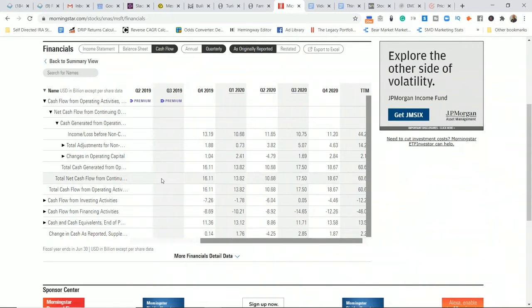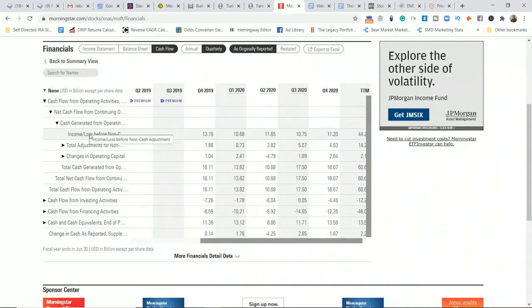net cash flow from continuing, I think it's operating activities, indirect. So this includes a wide range of things. This includes what the company got from its investments, what it did with its inventories, what it did with its accounts receivables, payables, the difference in these over time, and what they did in the quarter.